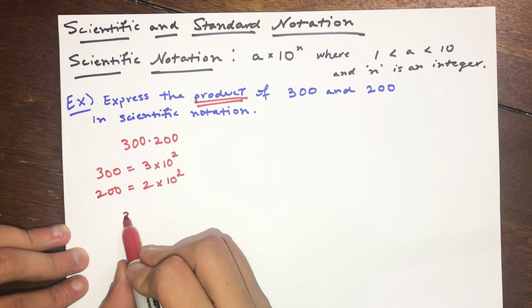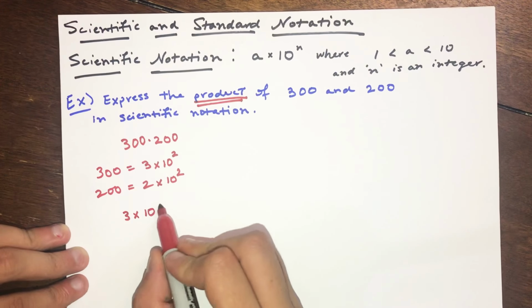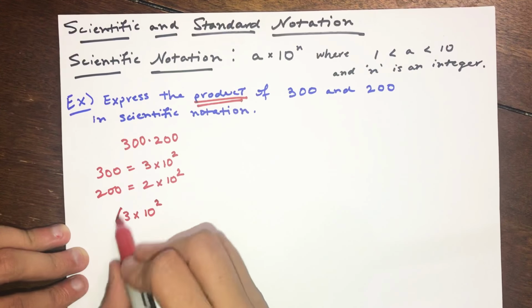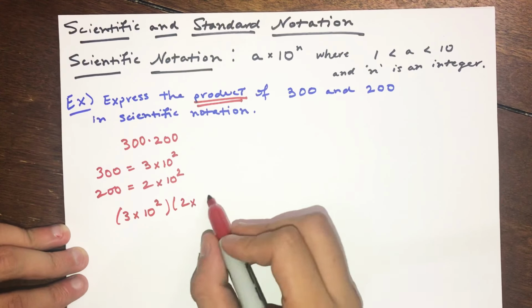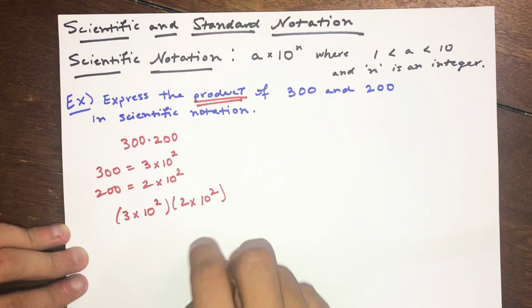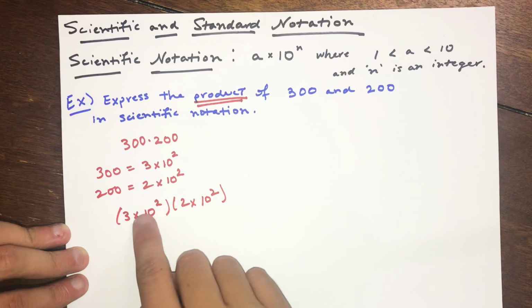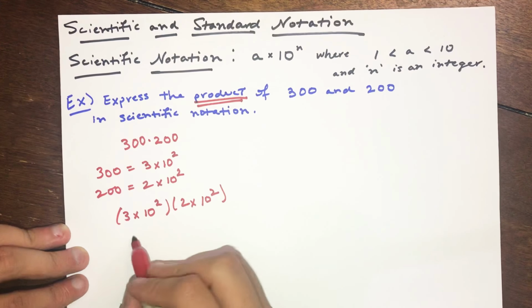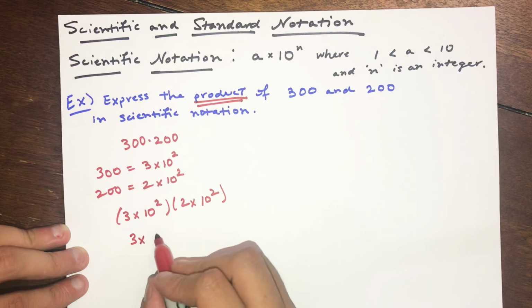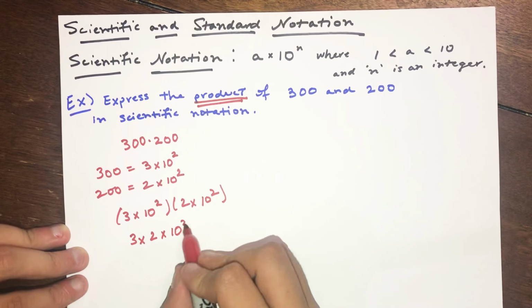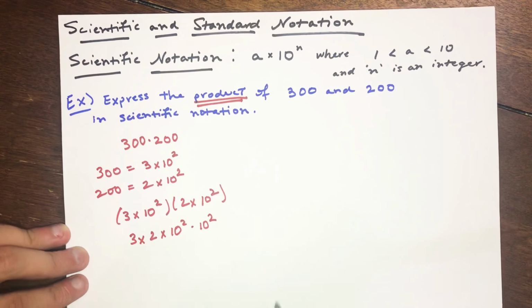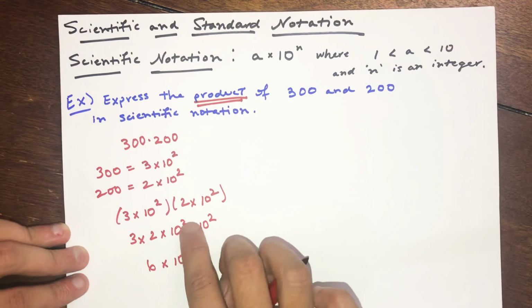So we would have 3 times 10 squared times 2 times 10 squared. And since this is all multiplication, what we can do is just rearrange it. So we'll just have 3 times 2 times 10 squared times 10 squared. 3 times 2 is 6 times 10 squared times 10 squared.